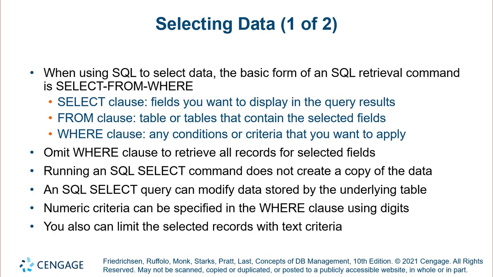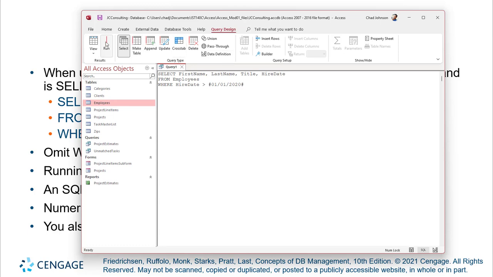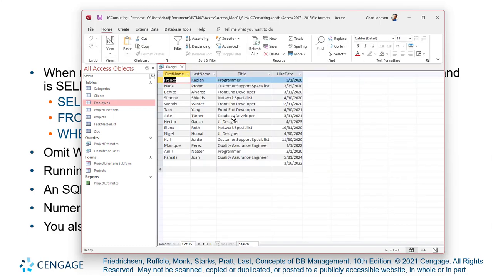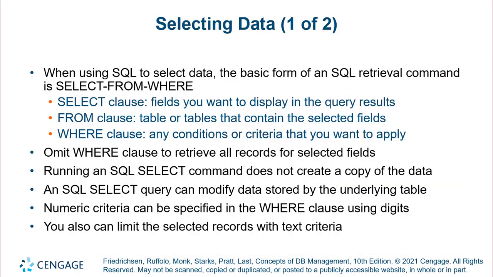When we're running these queries, this isn't making a copy of any data. All this data is still stored within these tables over here. This is just returning a logical view of the data that exists in these tables. It's not returning a separate copy of it.